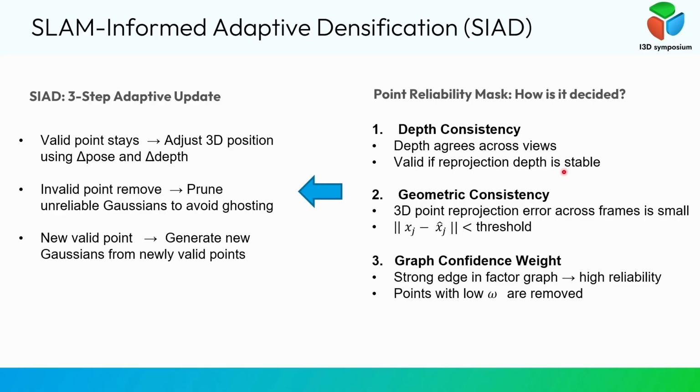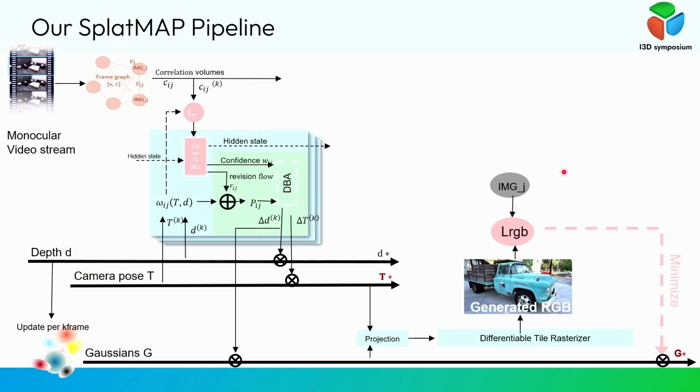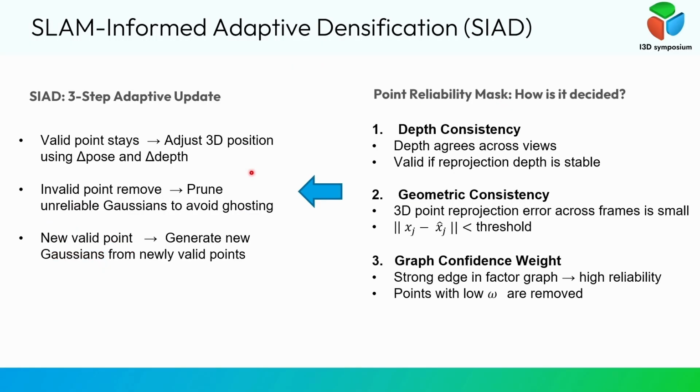And the third one is a graph confidence weight. This comes from the tracking part, the convolutional GRU. We have a confidence for each point, and we also utilize this confidence weight to decide which points should be kept, which should be updated, and which should be removed.